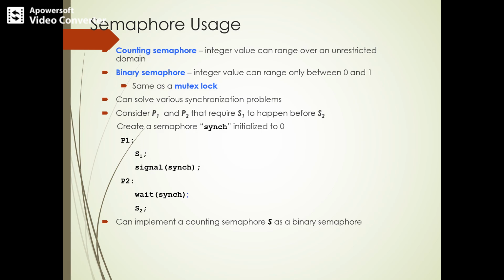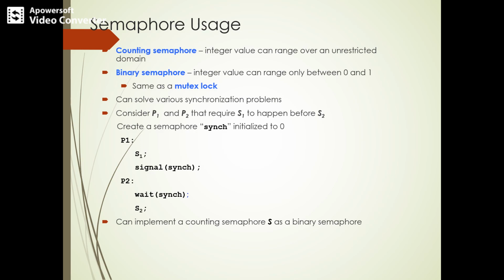You can see here that we have two processes, P1 and P2, that require S1 to happen before S2. So you create a semaphore sync, which is initialized to 0. First S1 is required to execute, and after that S2.